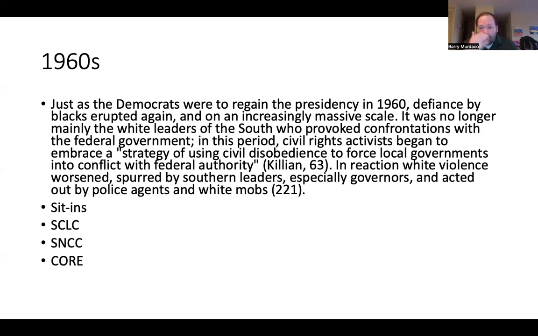And of course, this then led to a further escalation. So the 1960s brings an even higher level of violence in many ways. And of course, the main tactic was the sit-ins at the segregated lunch counters in the South.